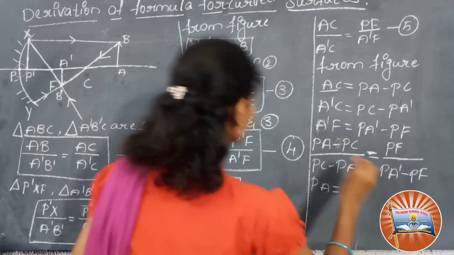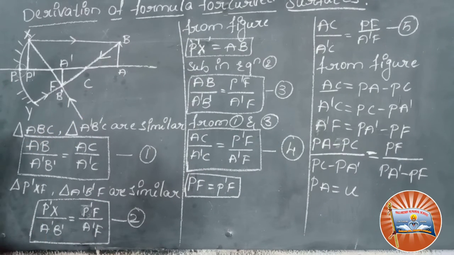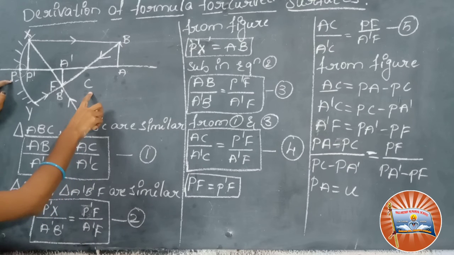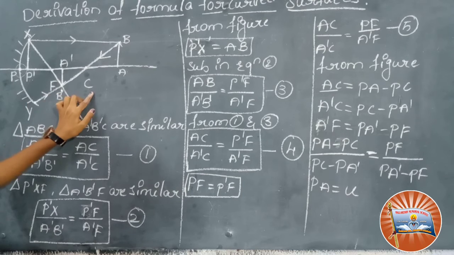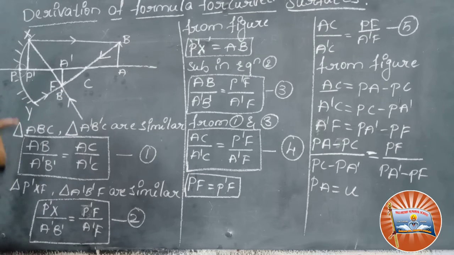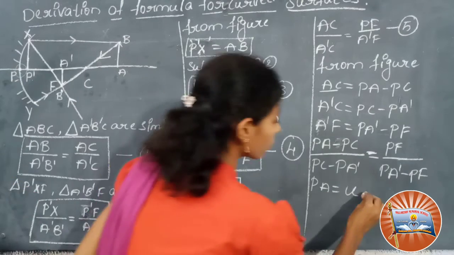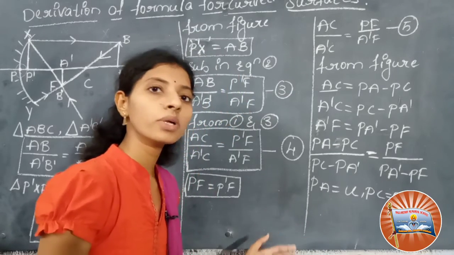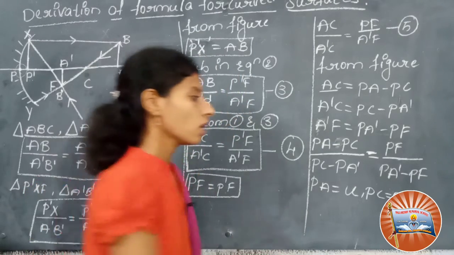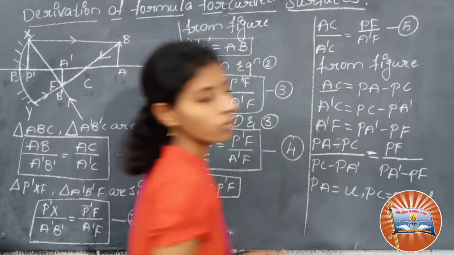We can write PA is equal to U. And from this figure, radius of curvature is between P and C, the distance between the center of curvature and the pole. Write down here PC is equal to R, and radius of curvature is midway between the focal point, that is equal to 2f.